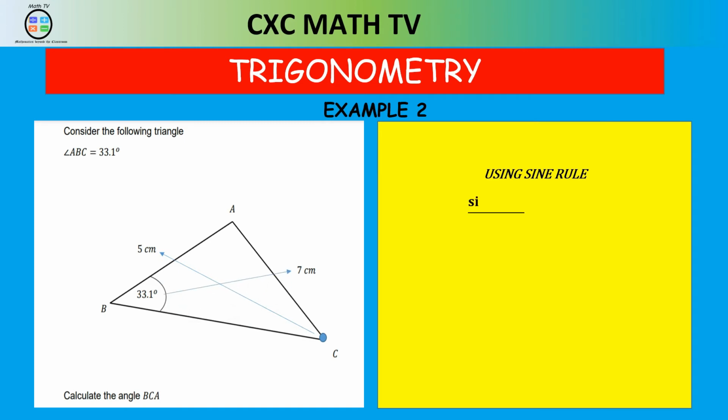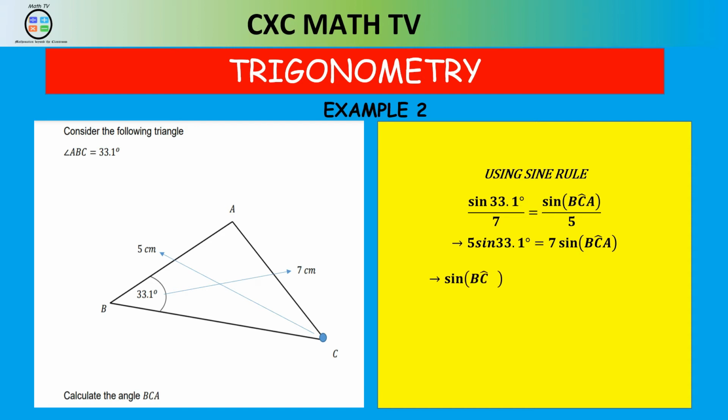So it's going to be the sine of 33.1 degrees divided by 7. That's equal to the sine of the angle that we want, BCA. And BCA is opposite to which side? AB. And AB is equal to 5 centimeters. So sine 33.1 degrees over 7 is equal to the sine of BCA over 5.